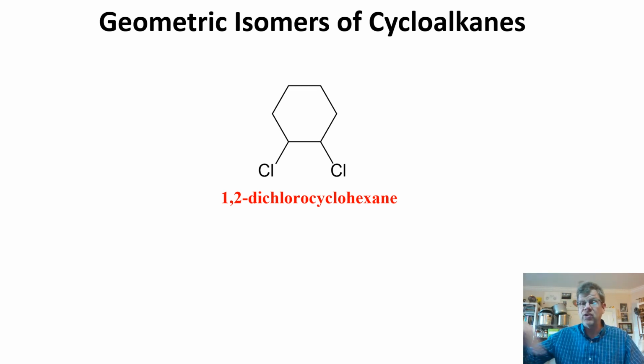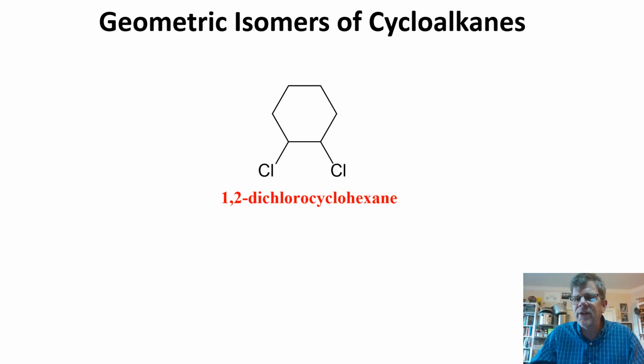We have free rotation around them. However, when we take those carbon-carbon single bonds and connect them into a cycle, they no longer have free rotation because they're locked into a cycle.